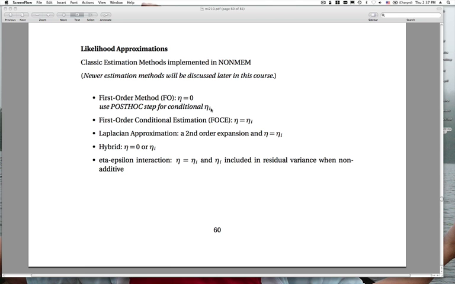So an improvement to that is another method which uses a first order Taylor series expansion, but it's a conditional estimation method in that the expansion is evaluated not at eta equal to 0, but at eta equal to a conditional estimate of that individual random effect. So your best estimate of the individual difference from the population is incorporated as part of the search.